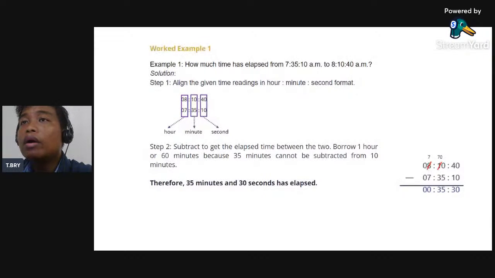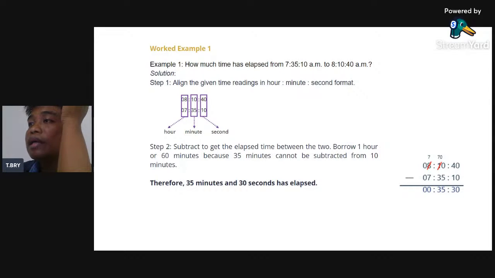Borrow 1 hour or 60 minutes because 35 minutes cannot be subtracted from 10 minutes. The 40 minus 10 is fine, that gives 30.